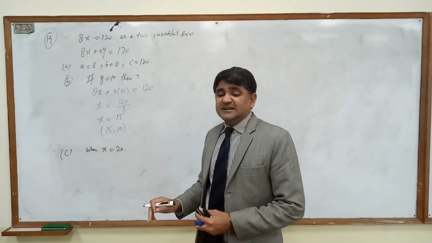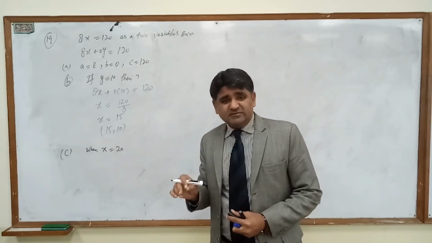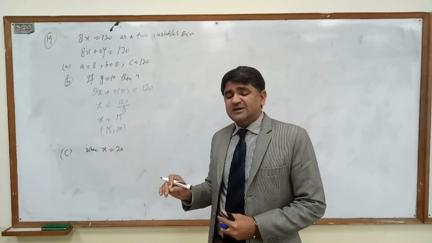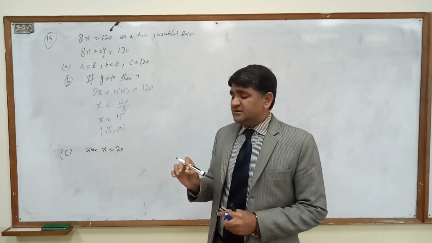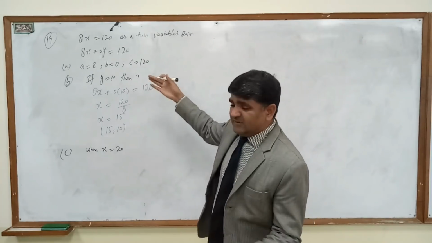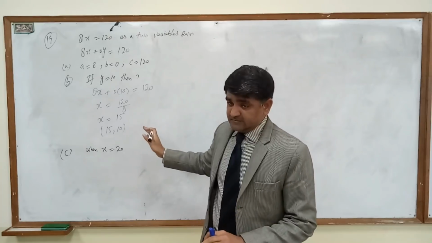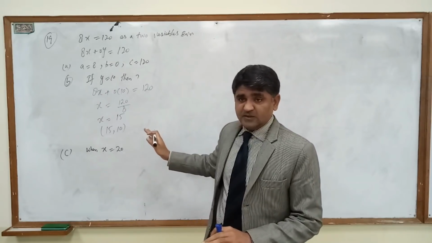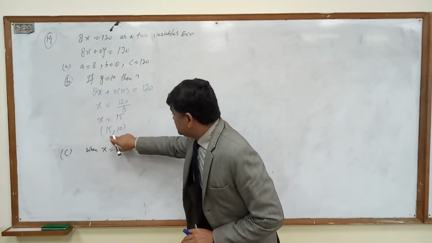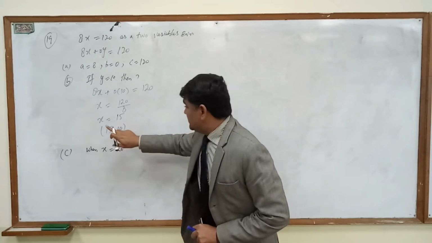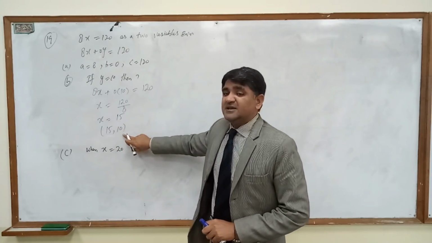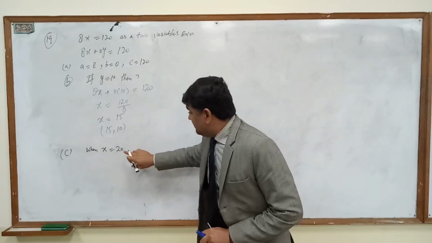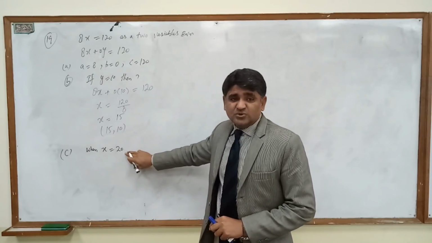So we can say rather than 15, none of the pairs will satisfy the equation, because x must be equal to 15 with any value of y to satisfy the equation. But in this case x is equal to 20.